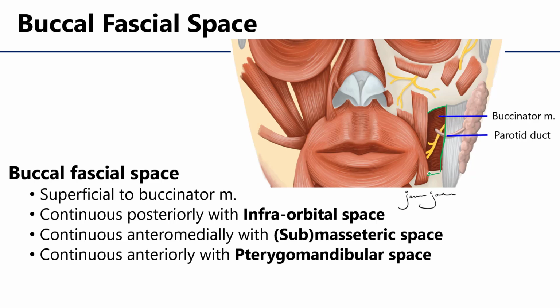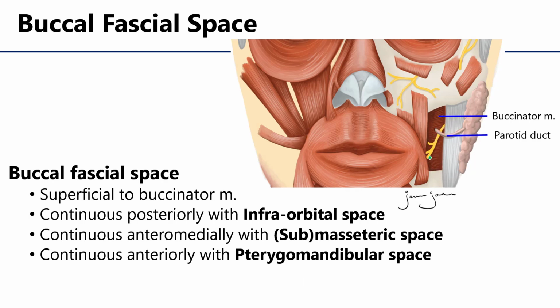A couple of notable things are traveling through that, including the parotid or Stenson's duct and the buccal branch of the mandibular nerve, or the buccal branch of V3, which is a sensory nerve. And we also usually have a buccal fat pad in there as well. So there's a lot happening in this space.